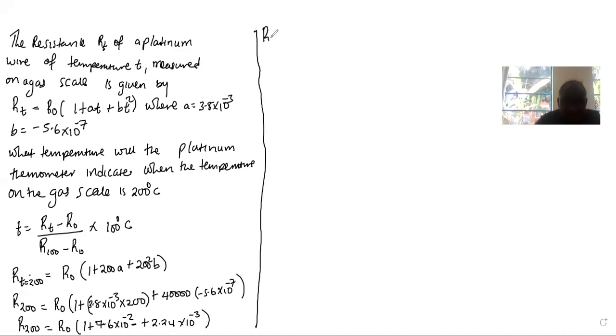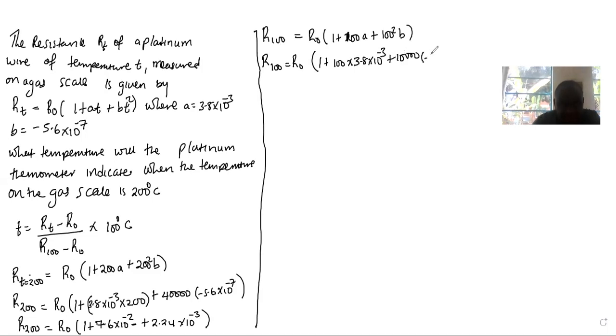Then at 100, which is steam point, we shall have R naught into 1 plus 100 times A plus 100 squared times B. And this resistance at steam point would give us resistance at ice point into 1 plus 100 times 3.8 times 10 to the power negative 3 plus 10,000 times negative 5.6 times 10 to the power negative 7.